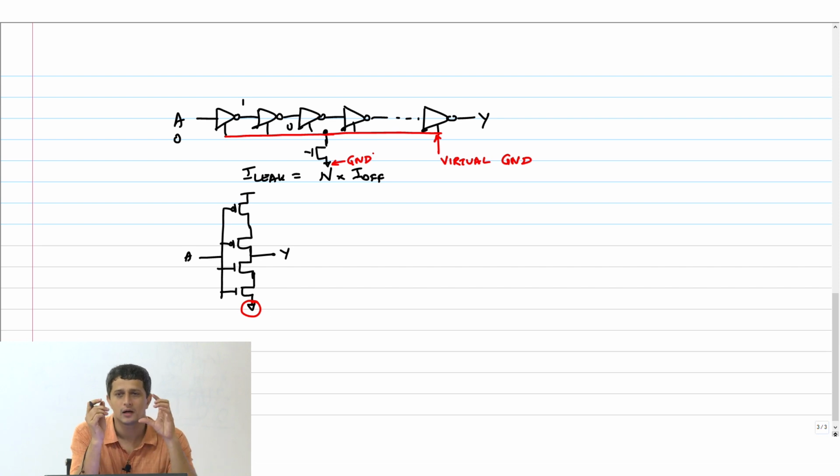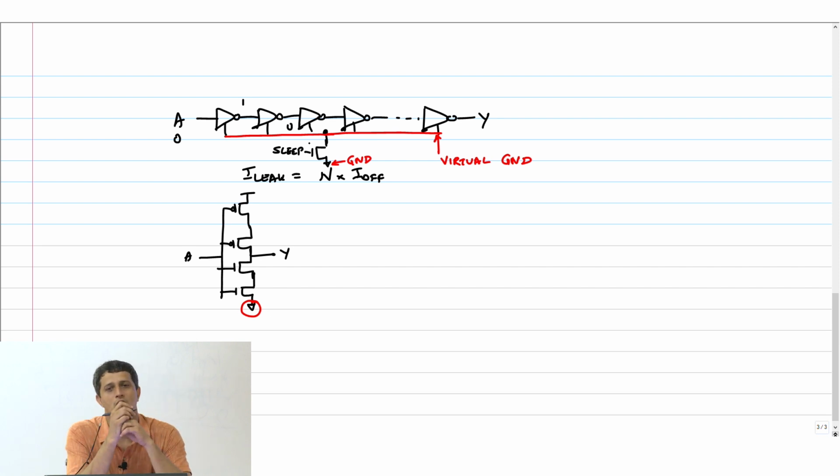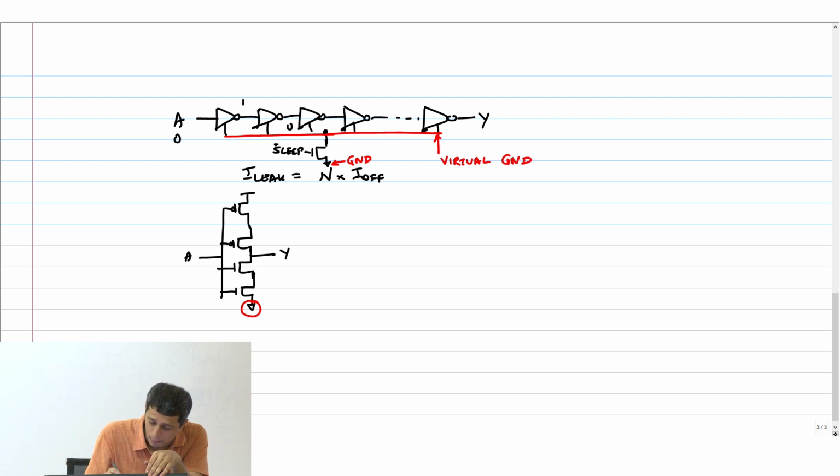So between the virtual ground and the actual ground, I have added an NMOS transistor, and I will control this by the signal called sleep. Okay, or I will call it sleep bar.